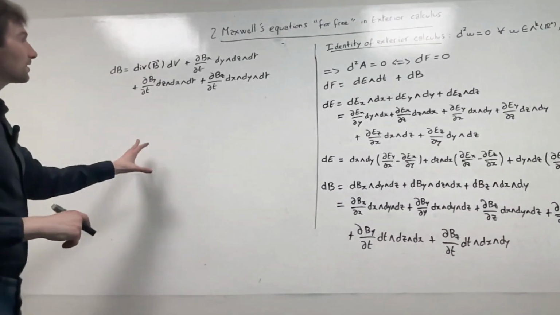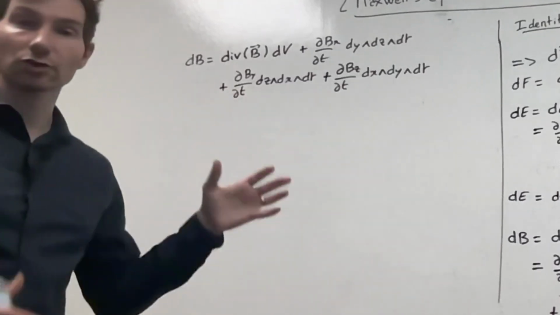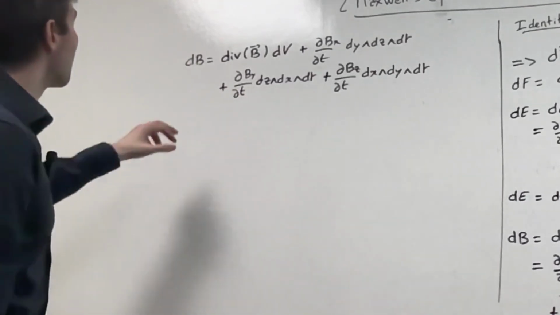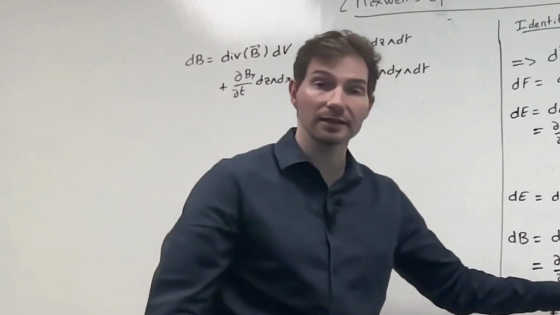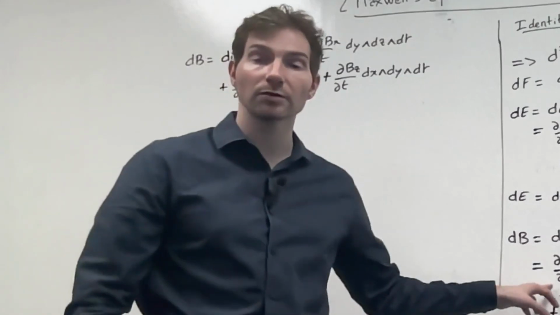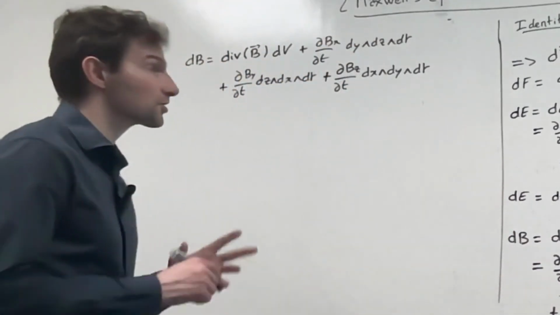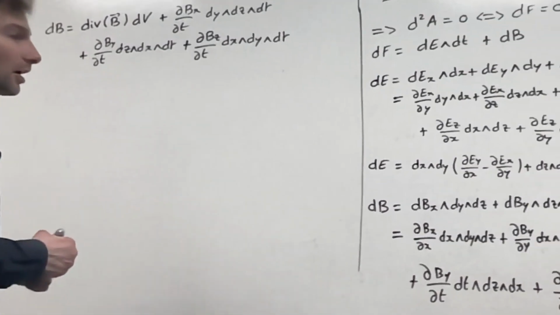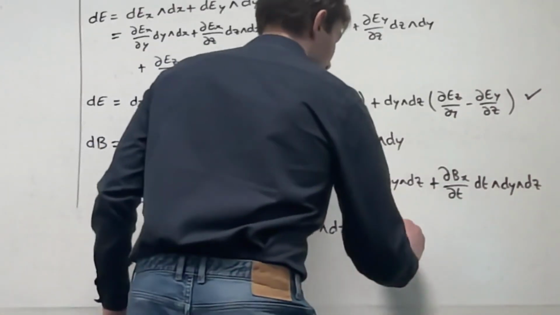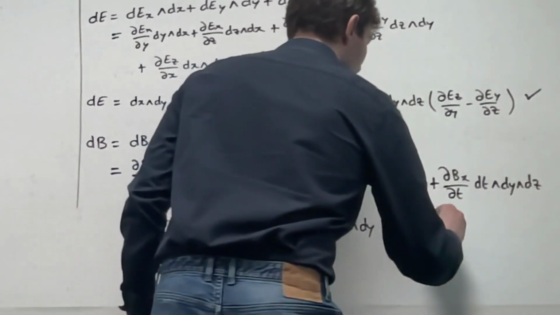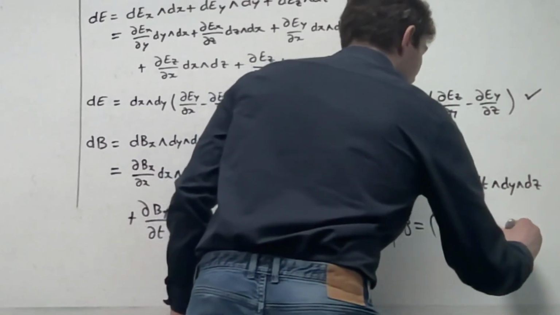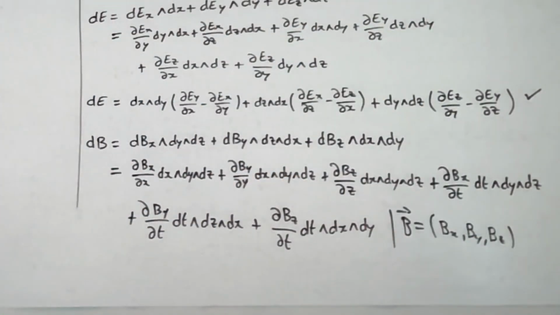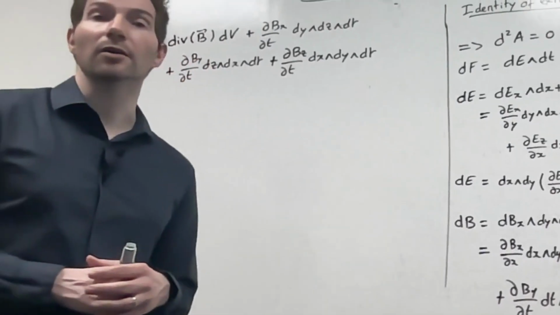Okay, so I've erased and I've rewritten dB in a shorter and more compact version. So dB here, if you factorize by dx, dy, dz, you may recognize the divergence of some vector b. So here I'm going to say that b is equal to a collection of functions, bx, by, and bz, which corresponds to a specific kind of orthonormal basis.